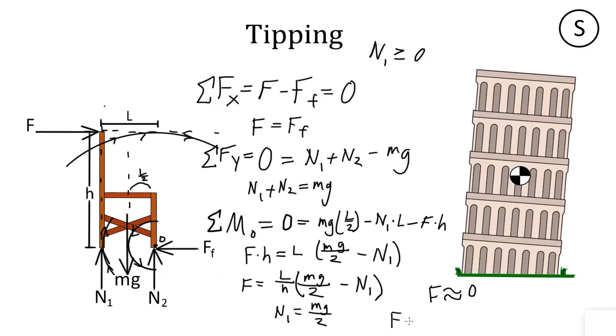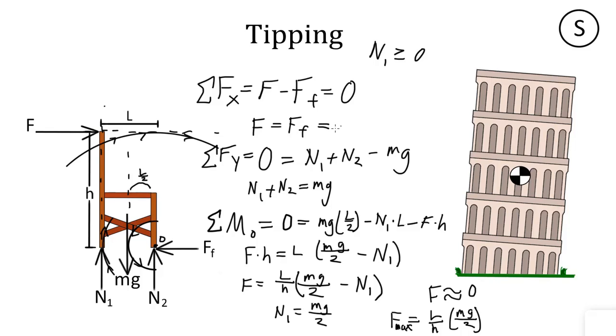And so F, we'll say F max, is then going to equal L over H times mg over 2. So in the end, you're actually going to have two F maxes. You're going to have the F max for tipping, and then you're also going to have the F max associated with the friction.